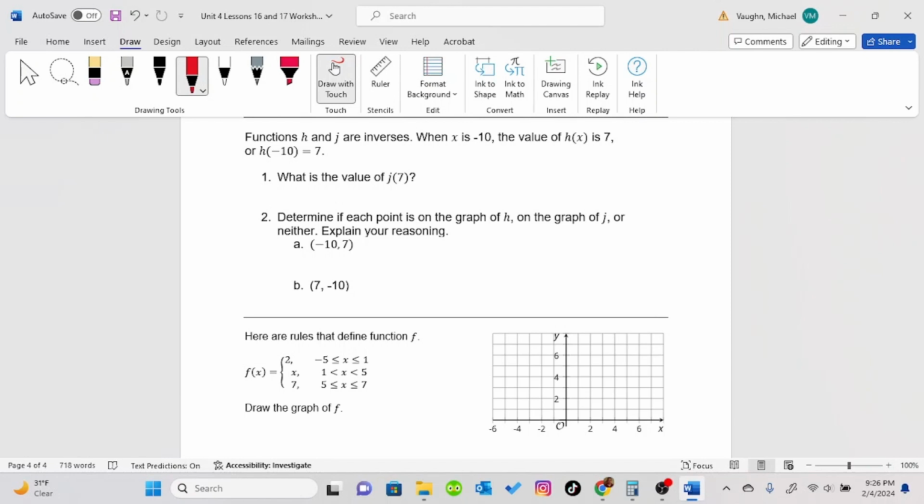So, in function h, x equals negative 10 and y equals 7. That means in j, x equals 7 and y equals negative 10. So the value of j of 7 equals negative 10.